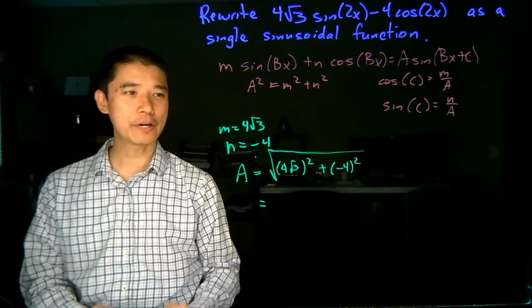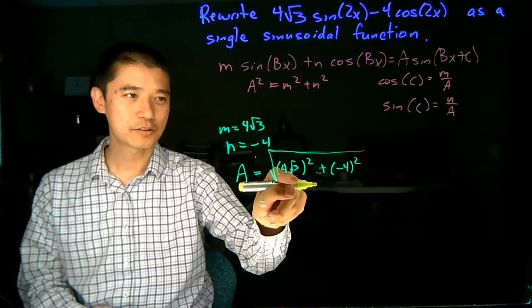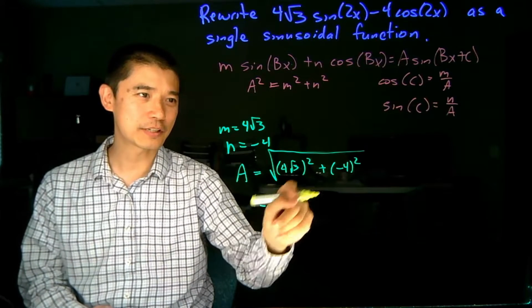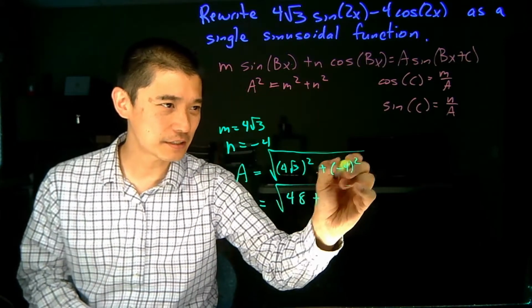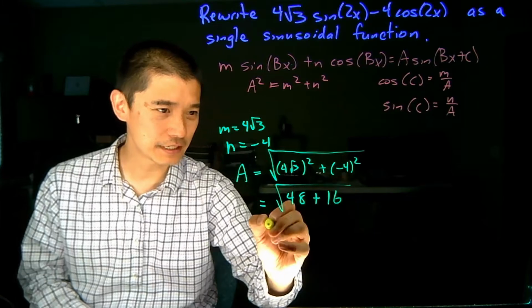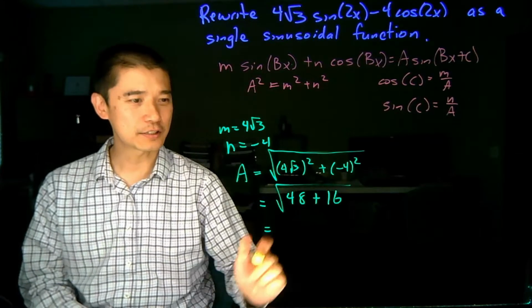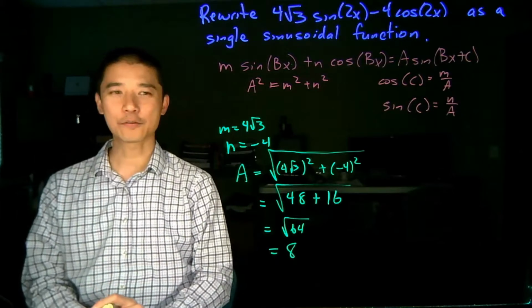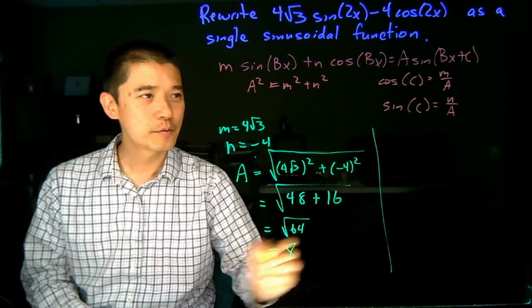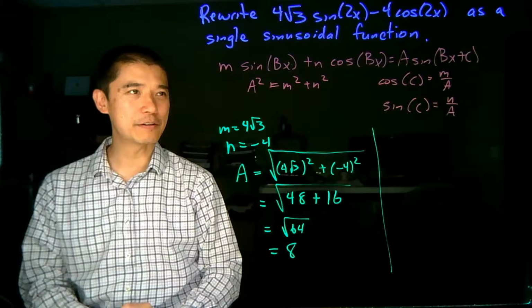4 root 3 squared, so the 4 squared is 16, and the root 3 squared is 3, so 16 times 3 is 48. Square root of 48 plus negative 4 squared, which is 16. 48 and 16 is 64. The square root of 64 is 8. So that takes care of the first part. For the next part, we need to figure out this value of c.